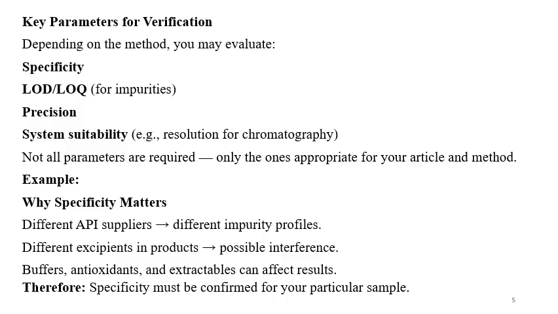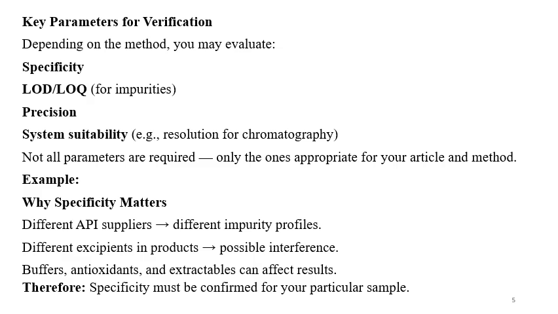For example, why specificity matters. Different API suppliers will have different impurity profiles. The route of synthesis is not the same for different manufacturers; they use different chemical reagents and starting materials, so the impurity profile will be different.